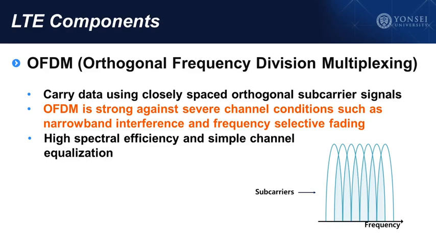So we want to be able to cancel out narrowband interference and also frequency selective fading. In addition, we need to achieve high spectral efficiency, and that's what is possible through OFDM. High spectral efficiency and simple channel equalization are possible when you're using OFDM.